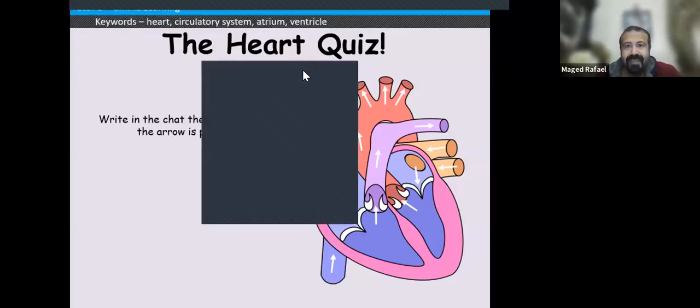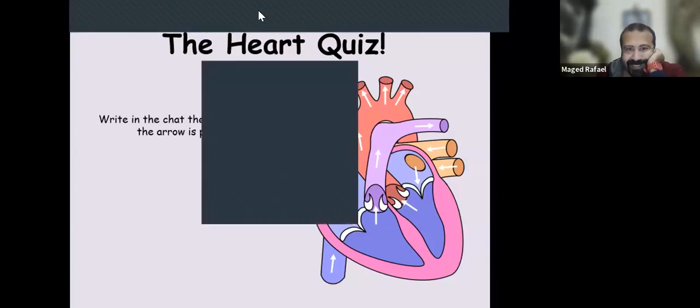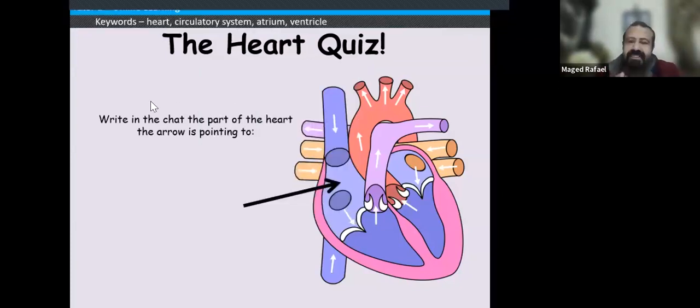Yes, exactly, Sophie. The part of the heart. I know this is the deoxygenated blood here, but I want the part of the heart. So, yes, exactly. No, this is the right side. So nice that you answered this.